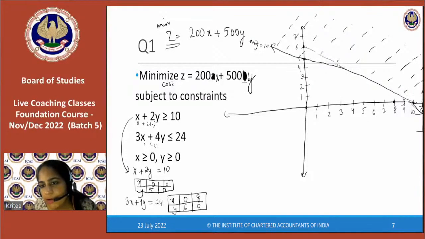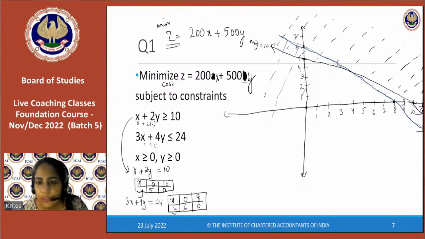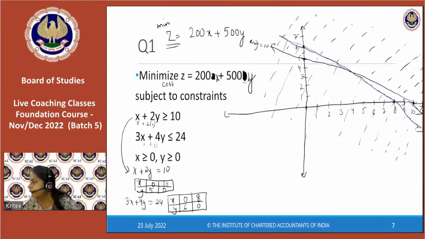The shading of this line will be towards 0, 0, because 0, 0 satisfies the condition of this line.